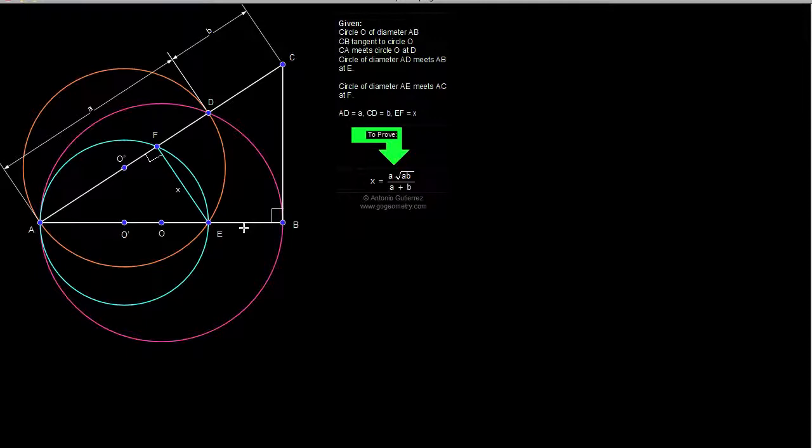Now let's see what we have to prove here. We have to prove that x is equal to this thing right in here. Wow. What really throws me a little bit here is we have this radical square root of AB. I wonder where that comes from.